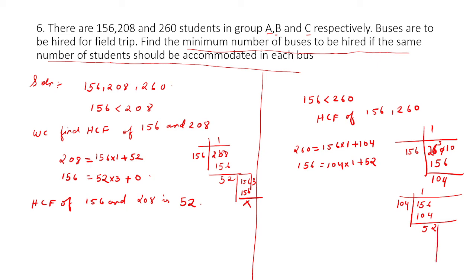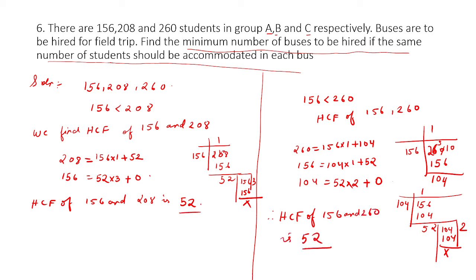Now 52 becomes the divisor and 104 becomes the dividend. 52 into 2 is actually 104, so 52 into 2 plus 0. Therefore, the HCF of 156 and 260 is also 52.